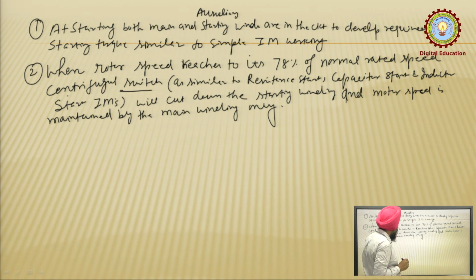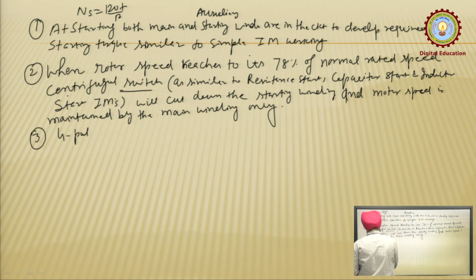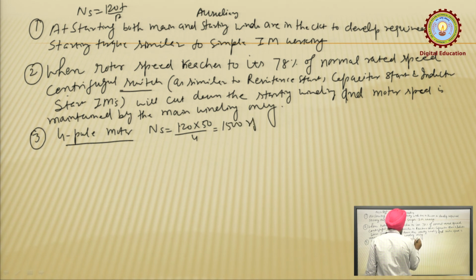Now, why do we call this motor as running at synchronous speed? As we know, synchronous speed ns is equal to 120 f by p. Suppose we have a 4 pole reluctance type motor. Then ns at 50 hertz frequency comes out to 120 into 50 by 4, which is 1500 rpm.